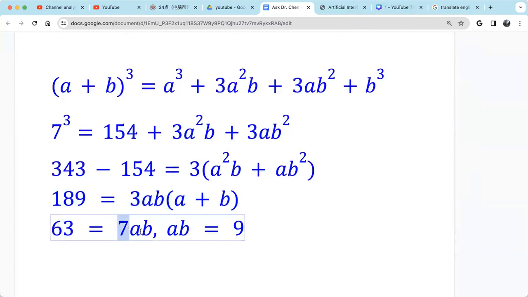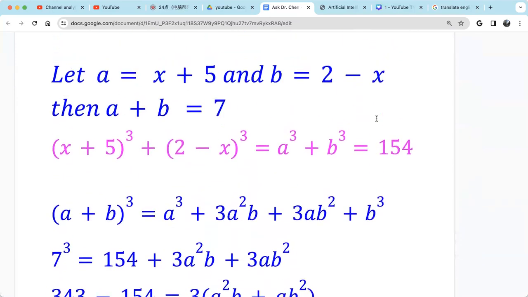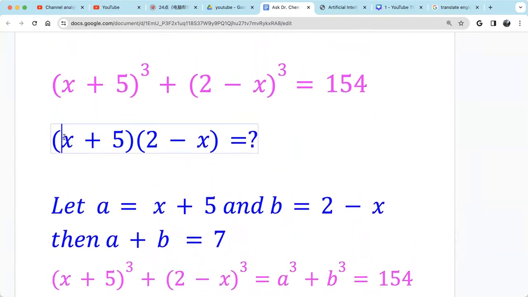Then 7 times 9 is 63, so a times b equals 9. So the answer for this is 9. So we see, substitution helps in solving problems a lot.